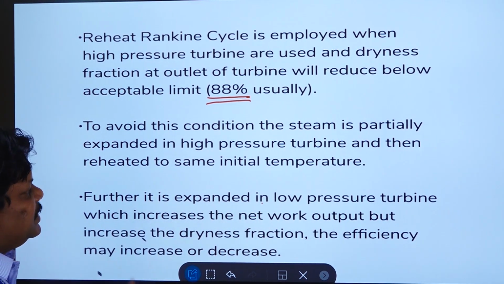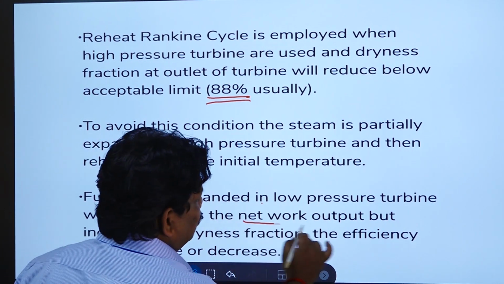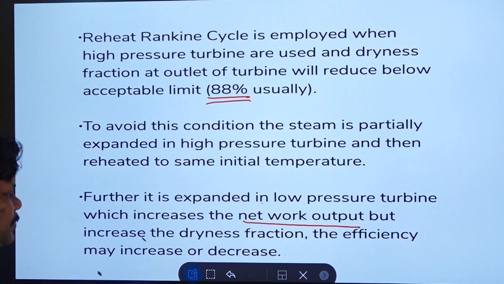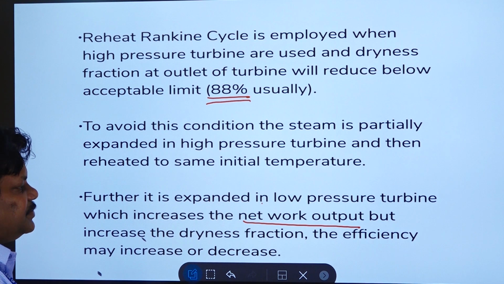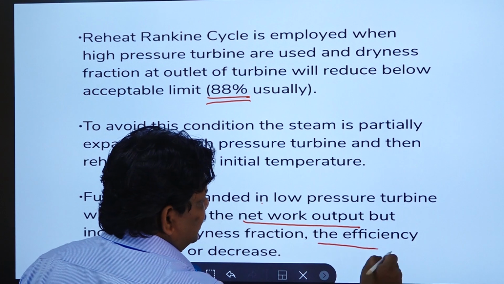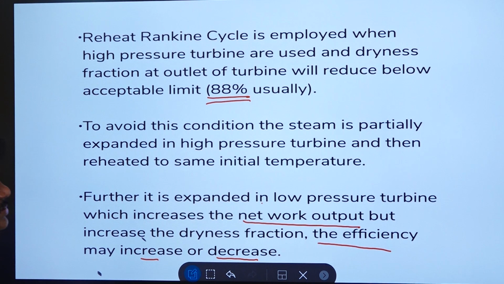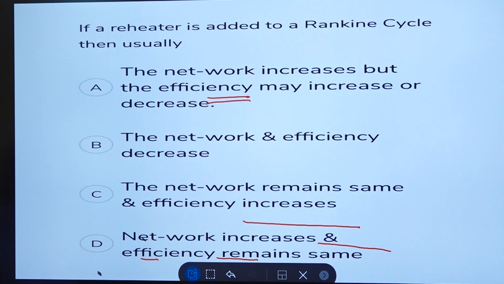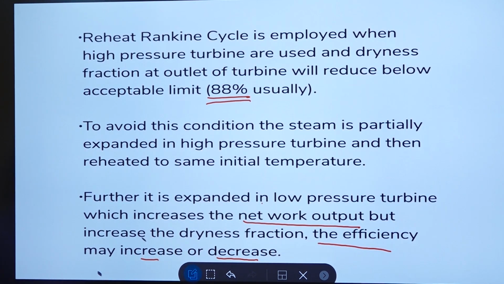Further, it is expanded in the low pressure turbine, which increases the net work output. So the net work output and the dryness fraction increase, but the efficiency may increase or decrease. This is the statement we gave earlier as the right answer: the net work increases, but the efficiency may increase or decrease.